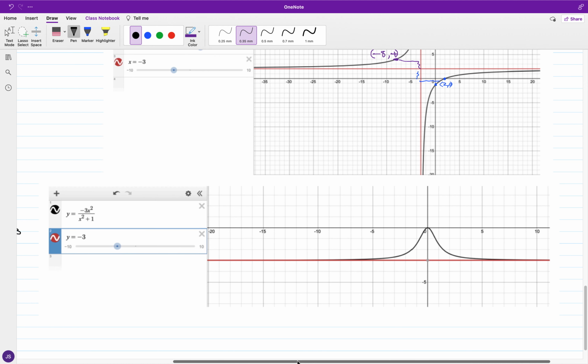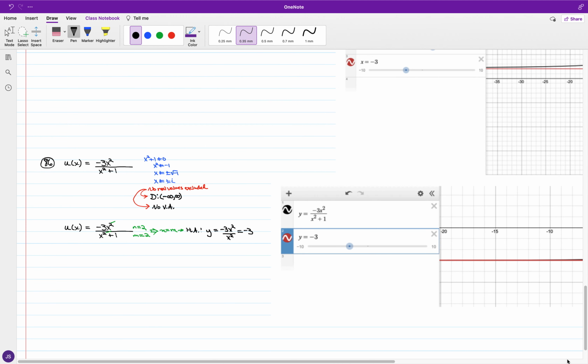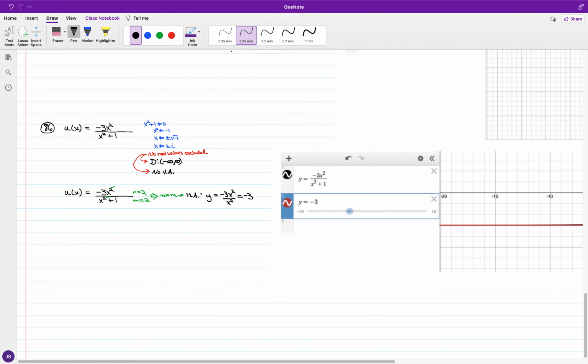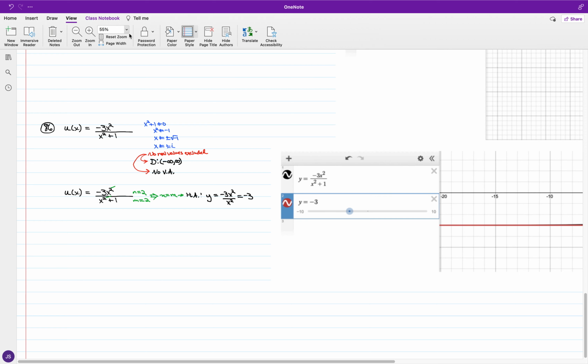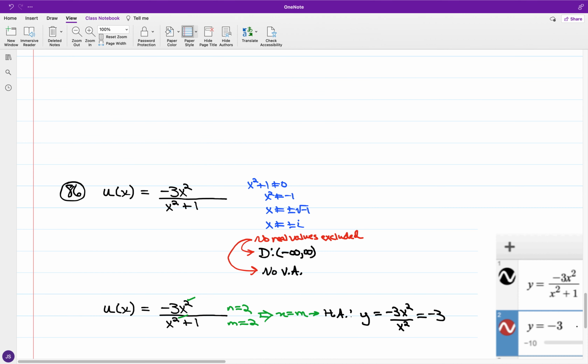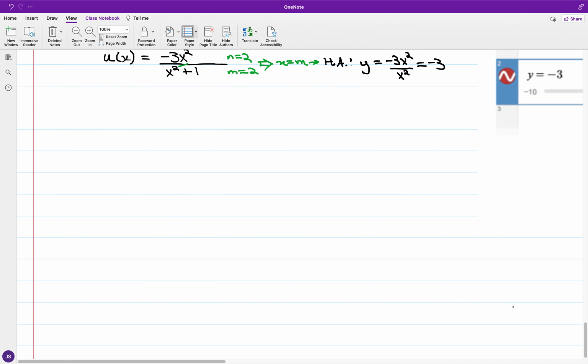Now, for number 90, this is going to be its own kind of rational function.